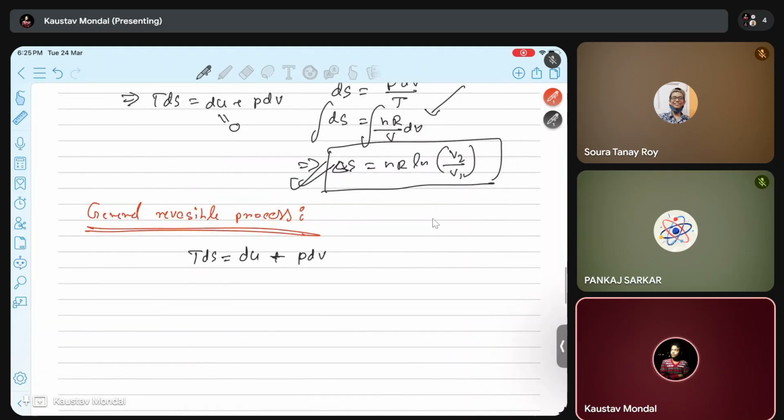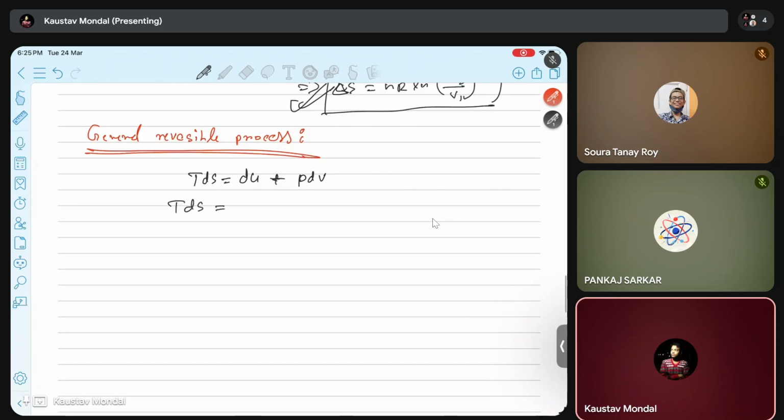We can write dU as Cv dT, right? So n Cv dT, supposing n moles of gas or any kind of system is there. So n Cv dT plus PdV. Now we want to calculate the change in entropy.